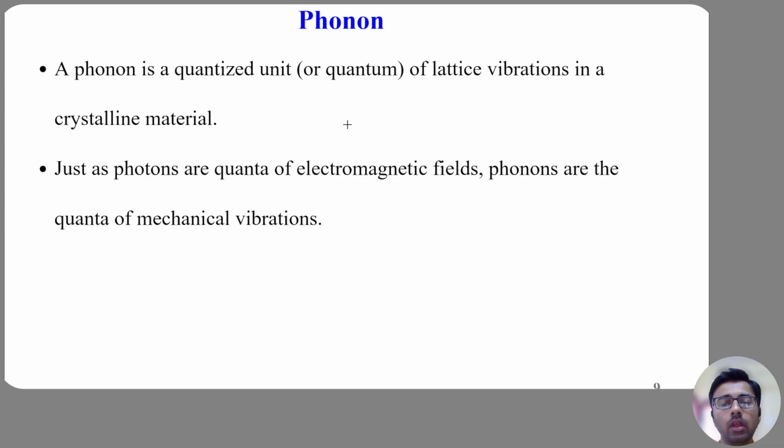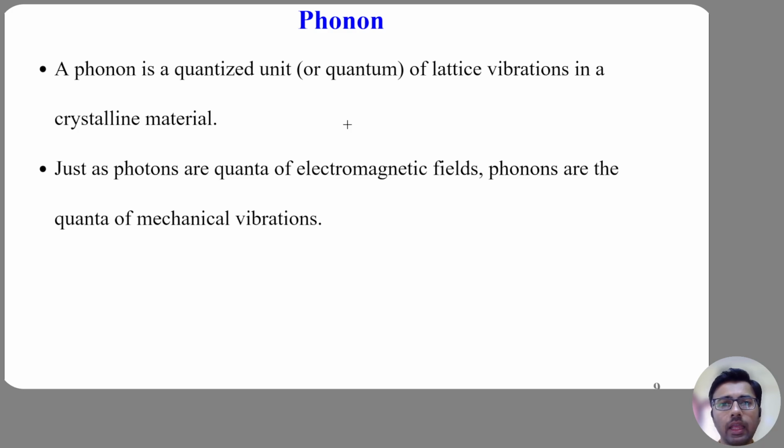Atoms continuously oscillate around their equilibrium positions. These vibrations occur naturally due to thermal energy. In physics, we quantize these vibrations to describe them properly. A phonon is defined as the quantum of lattice vibration in a crystalline solid.